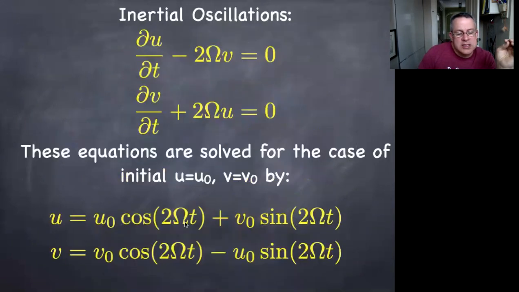So what is this telling you? This is telling you that there are oscillations in the u and v velocities going around and around, wobble, wobble, wobble, with what period? A period of 1 over 2 omega, or in the angular period. But since omega is 2 pi per day, that's saying twice per day you do this wobble.